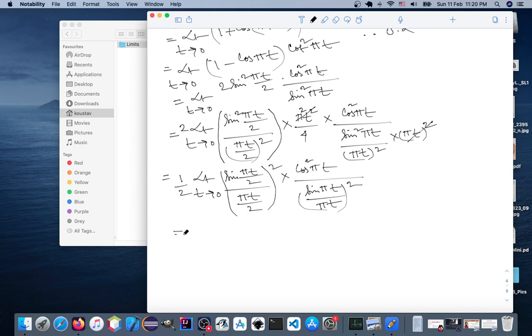So this becomes half into 1 square into 1 square, which equals half. Answer.